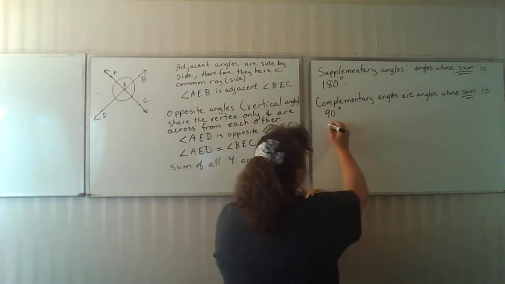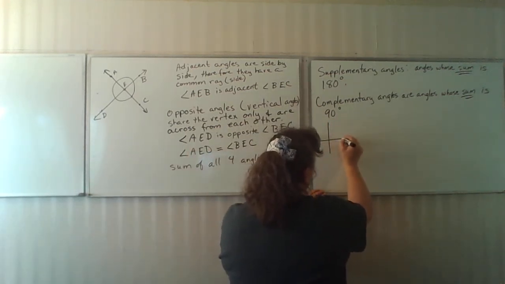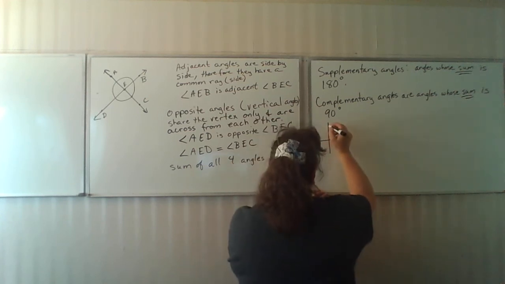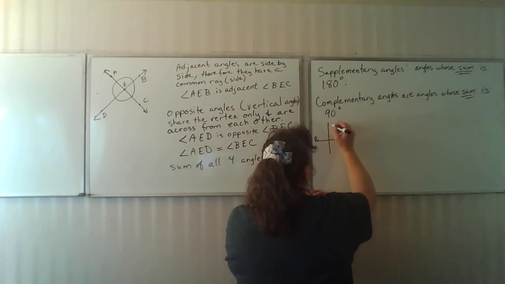When we have two lines that are perpendicular to each other, we would write this as line 1, line 2.